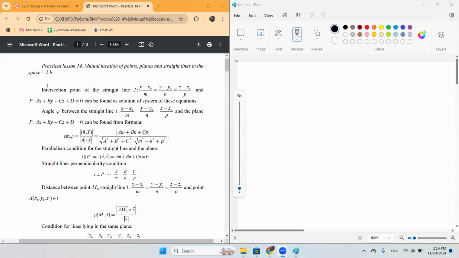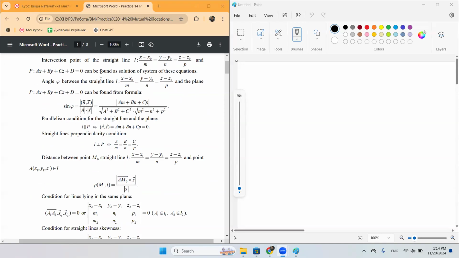So how to find an intersection point of the straight line that we did yesterday. So we need to solve the equations of the straight line and the plane. Then how to find the angle phi between the straight line and the plane.